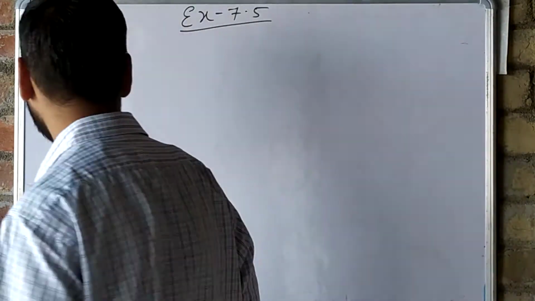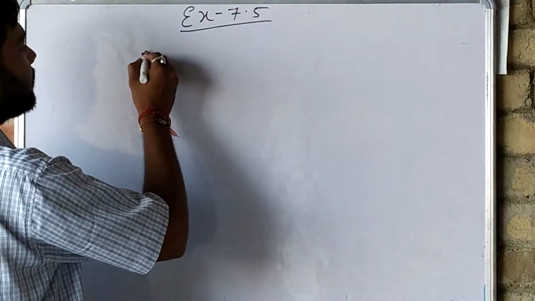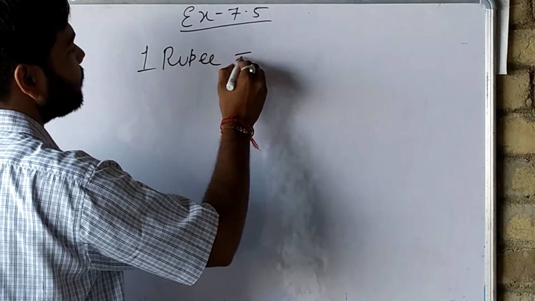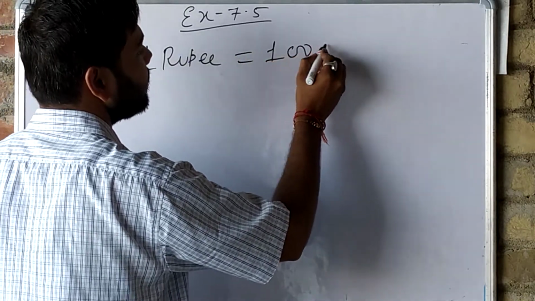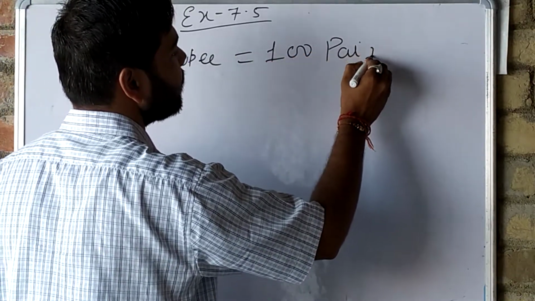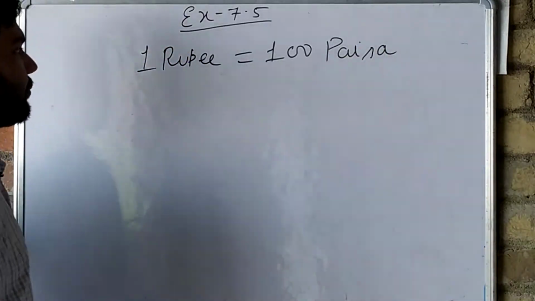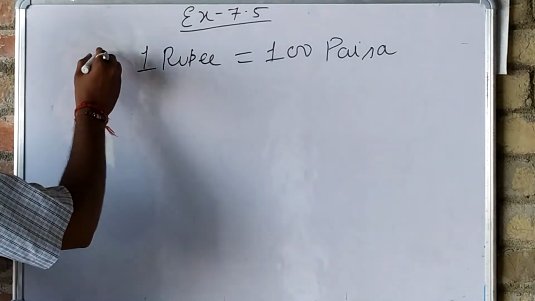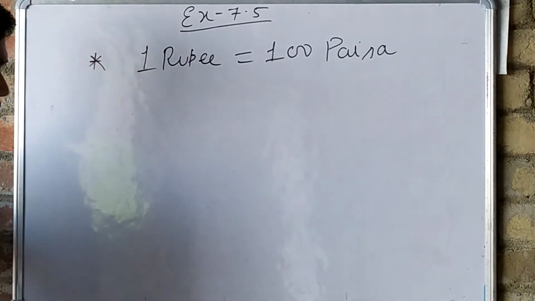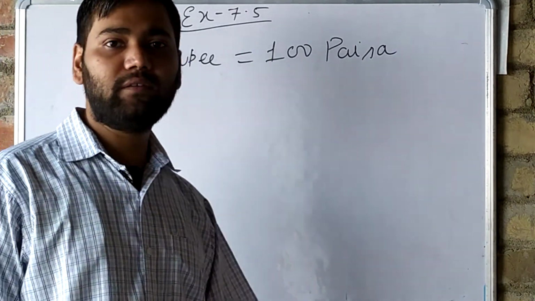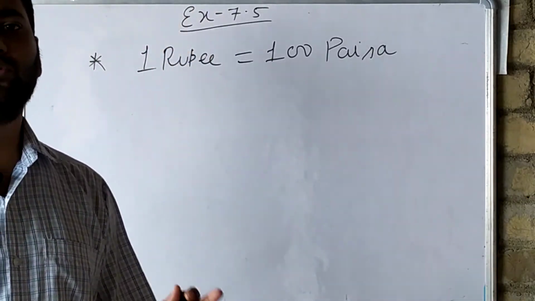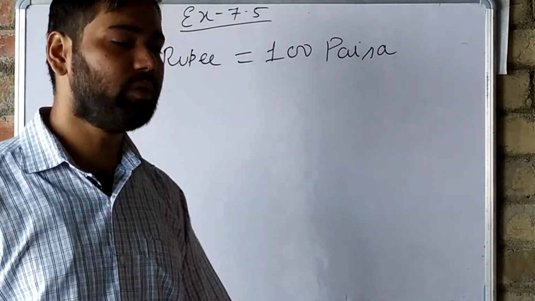Okay, so see here, we know that 1 rupee equals 100 paisa. We know this, that in 1 rupee we will have 100 paisa. So we will use this identity to convert rupees to paisa or paisa to rupees.